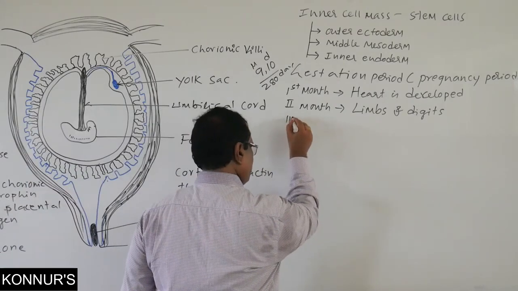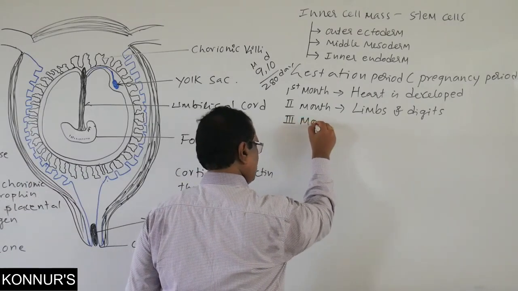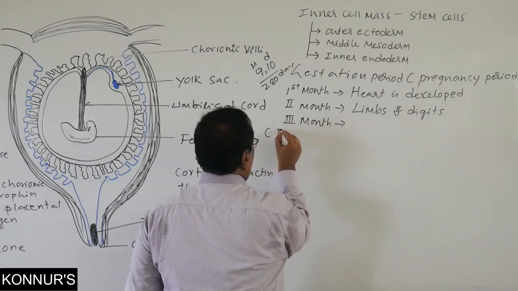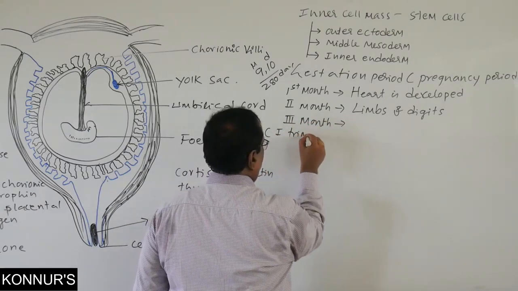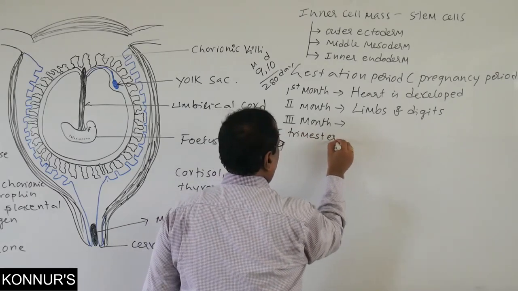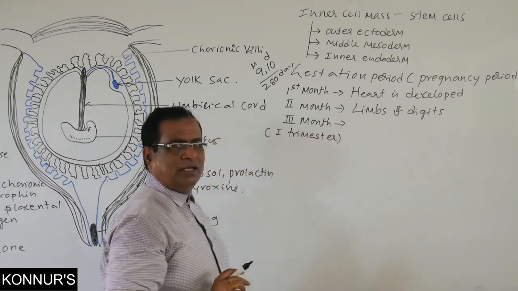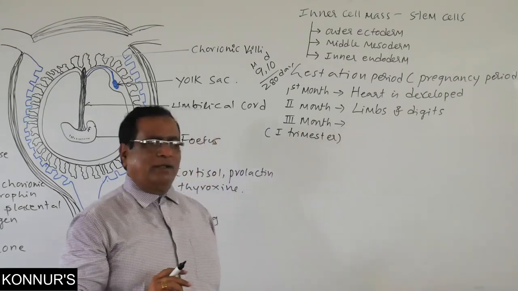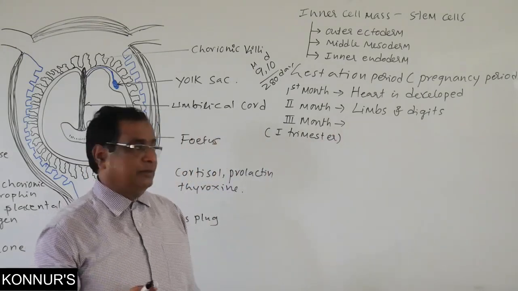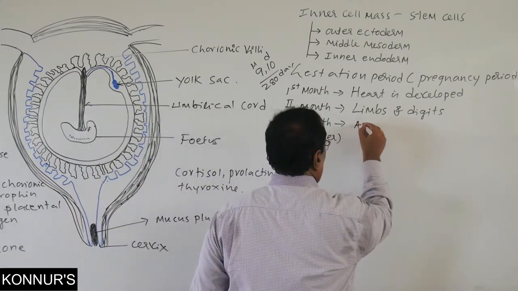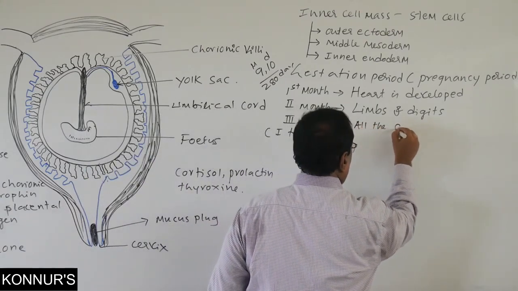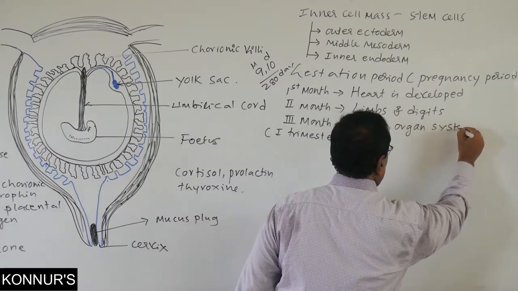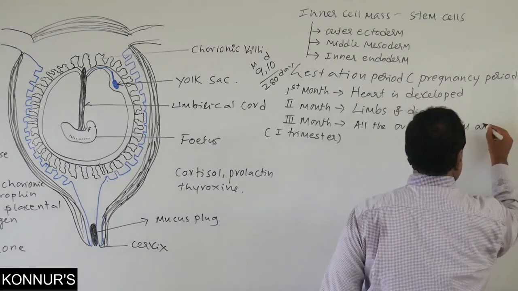And the third month is otherwise said to be the first trimester. During the third month, all the organ systems are developed.